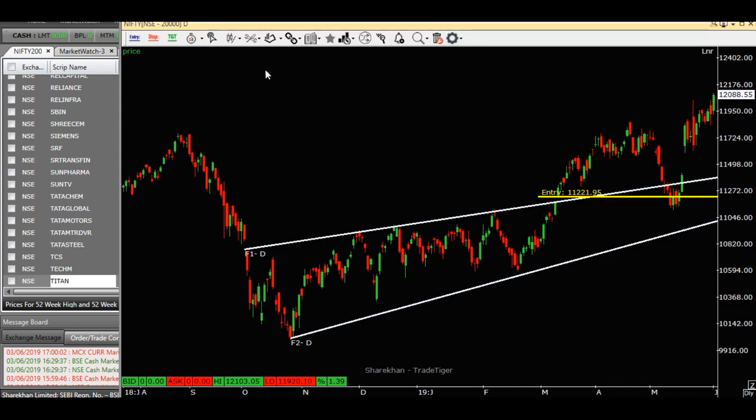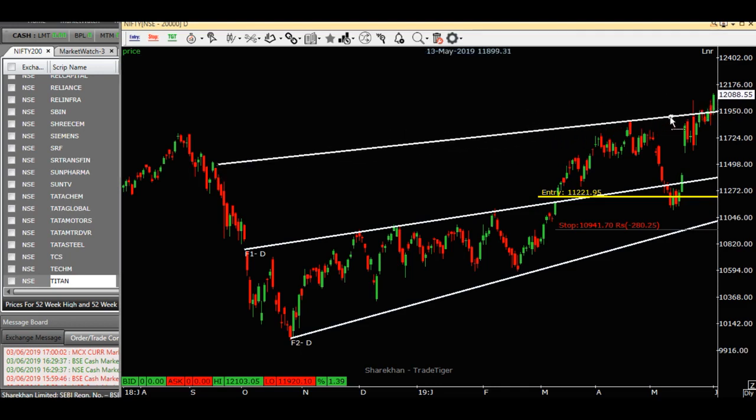Okay, so now if I'm entering here on the breakout, midpoint is my stop loss. Okay, and target is simply the parallel line, right, which is equidistant to this channel. So I would book profits somewhere in this area.